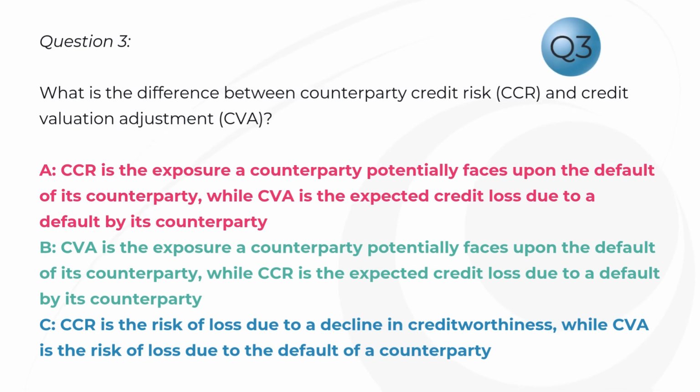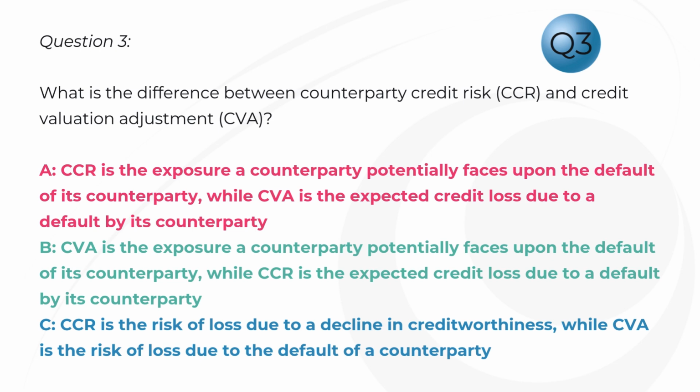Question 3. What is the difference between counterparty credit risk, CCR, and credit valuation adjustment, CVA? A. CCR is the exposure a counterparty potentially faces upon the default of its counterparty, while CVA is the expected credit loss due to a default by its counterparty.